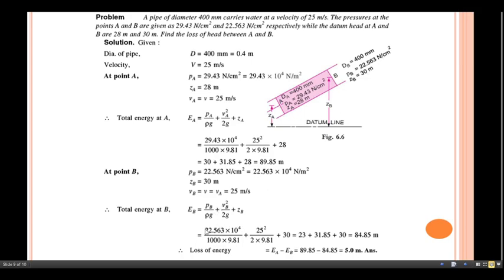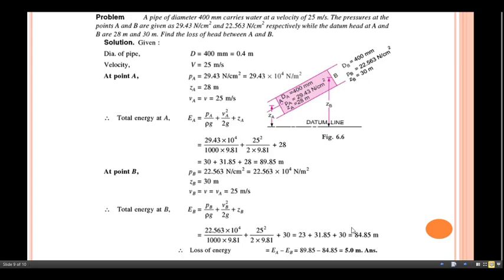Now substitute the values of rho g, VB, g, and ZB. ZB is given as 30, and in the previous case ZA is 28. So substitute everything and get the energy at point B. After doing the calculations, we get 84.85 meter.